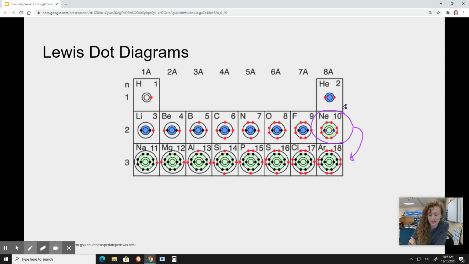So the inner electrons for neon, there are two of them. Now we have another term for inner electrons, and that would be core. So the core electrons for neon consist of those two electrons.